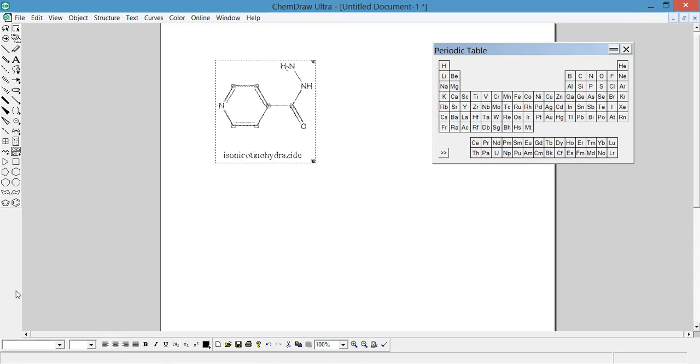Now similarly we will draw the structure of metronidazole. Metronidazole is an imidazole derivative. First select a 5-membered ring, and then draw bonds around this structure to complete it.